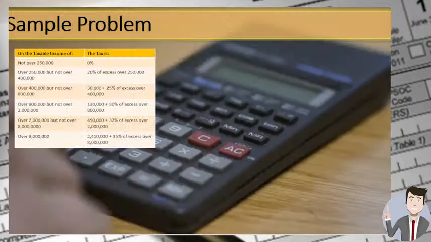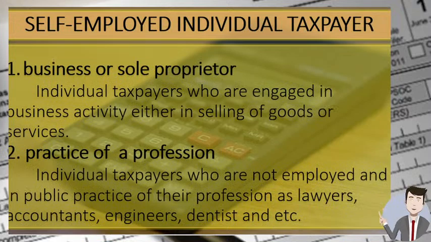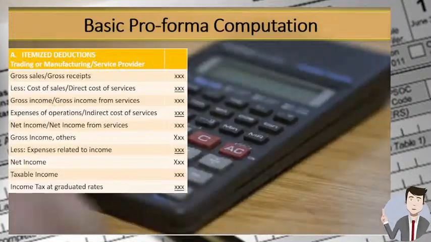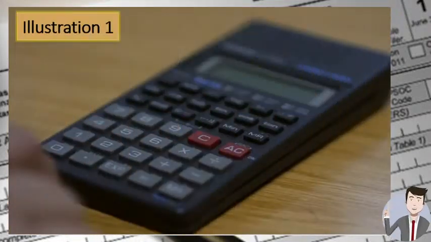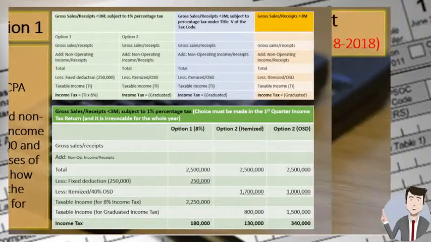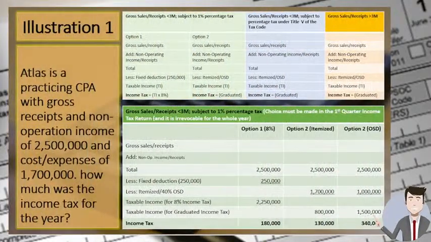So the total tax of Mr. Atlas, if he chooses to use the graduated income tax table and for his deduction selects the optional standard deduction, will be an income tax due of 340,000. So guys, if you have the opportunity to decide what option to use, and your income qualifies for the option of 8%, then based on this example, Mr. Atlas will of course choose the 8% income tax option.